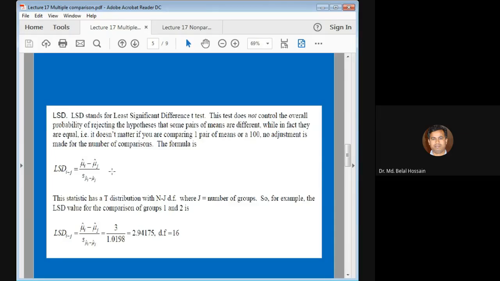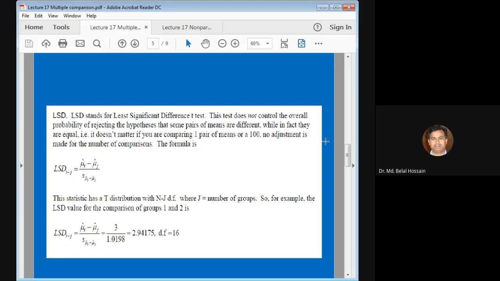Forget not, if you have 3 groups, then you have 3C2, that is 3 pairs. If you have 4 groups, then you have 4C2, that means 6 pairs. So then you have to find the LSD for those 6 pairs too, to see what are those pairs that are significantly different, and which are not.